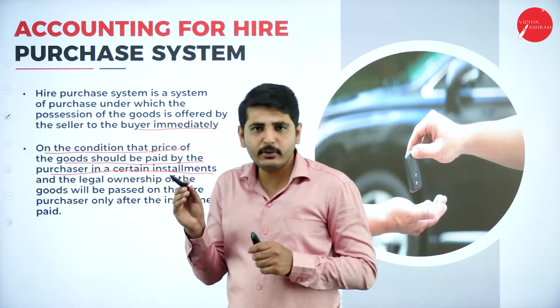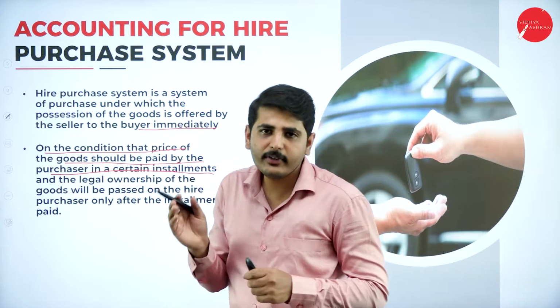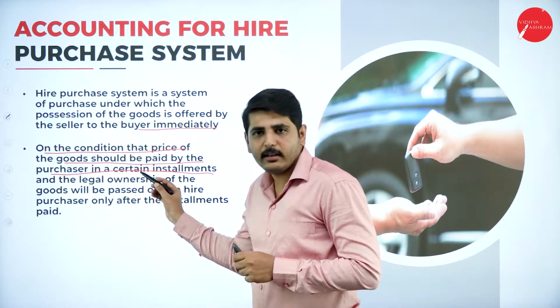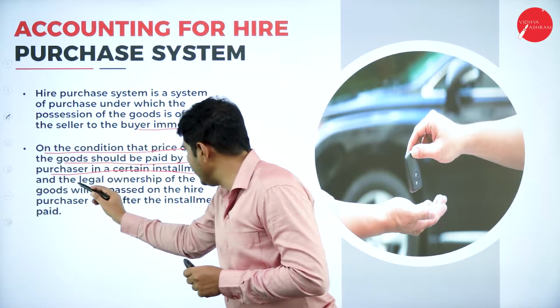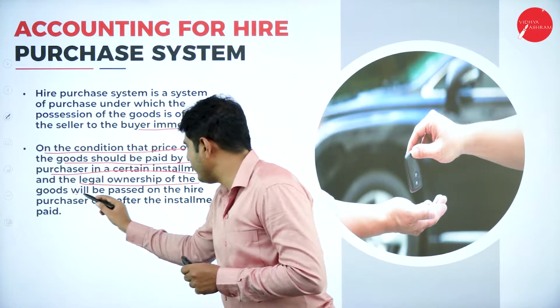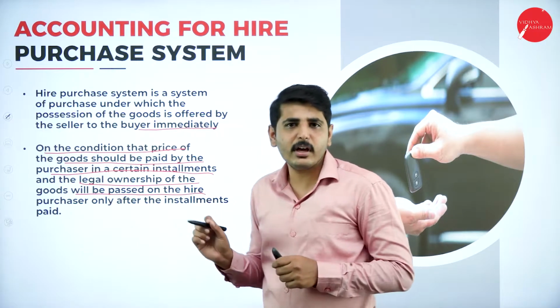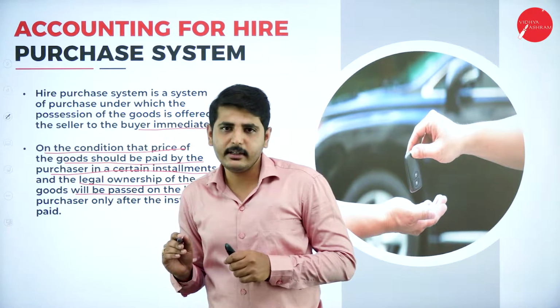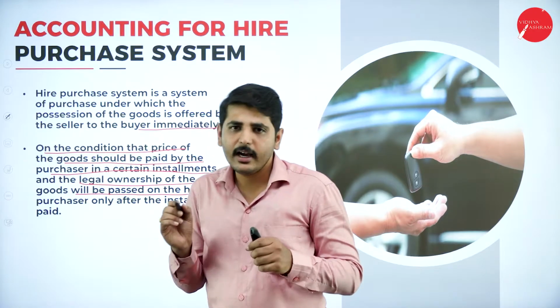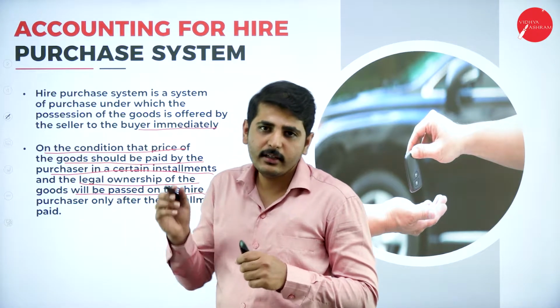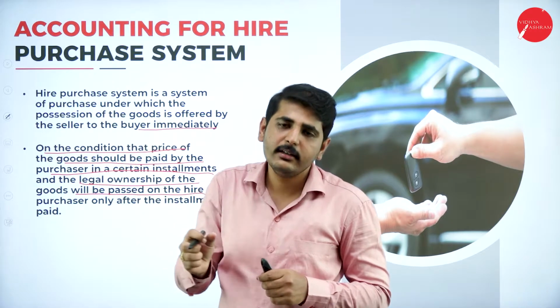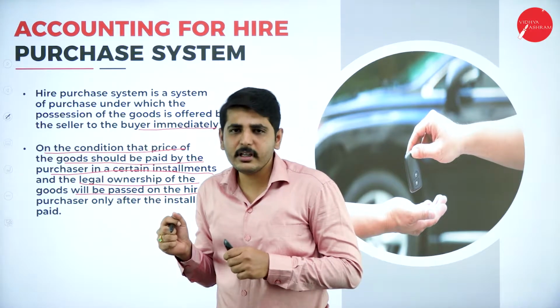So, you can make some down payment. After the payment of the down payment, we can pay the amount in installment system. The legal ownership of the goods will pass only after the payment of the full installment. If the hire purchaser fails to pay any installment, then the hire seller can take the goods away from the hire purchaser.